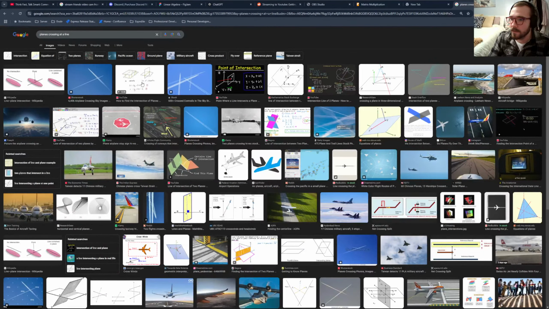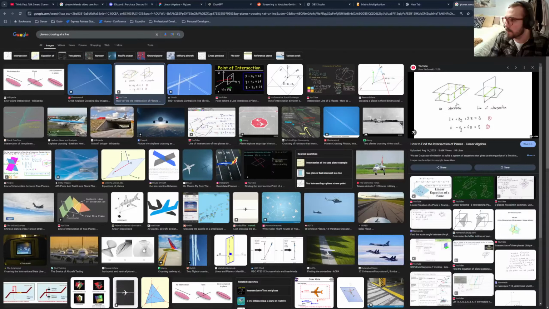See how these two planes are parallel, right? But these two planes cross each other like this. So you could imagine if my hand could go through my other hand, these two planes would cross at the entire line of my hand, right?